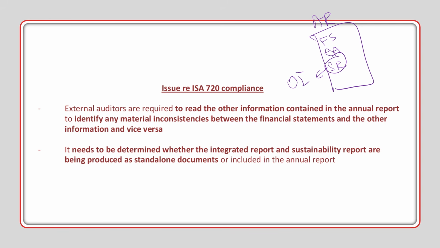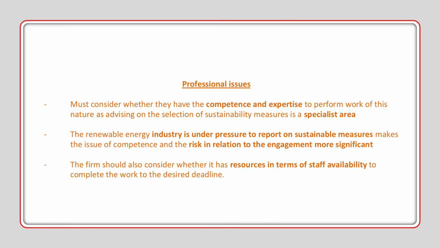I'll have to read this to see if it is consistent with the financial statements. So I get a mark for picking that up and then a mark for saying I need to see whether this is going to be published separately, this sustainability report, or will this be a part of the annual report, because then my responsibilities will change in external audit.